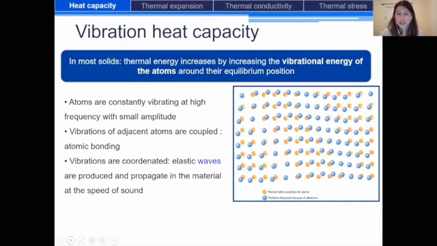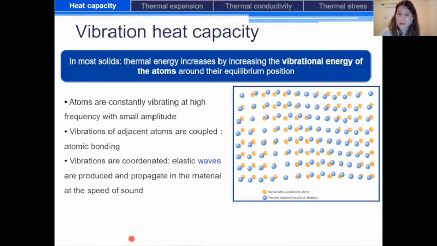And so when we are talking about vibration of these atoms, we can represent it as an elastic wave. So we can represent that an elastic wave is propagating into the material, and the speed of these waves is around the speed of sound. So here on this figure, you can see the normal lattice positions of the atoms in yellow, and the positions after displacement due to vibration in blue.